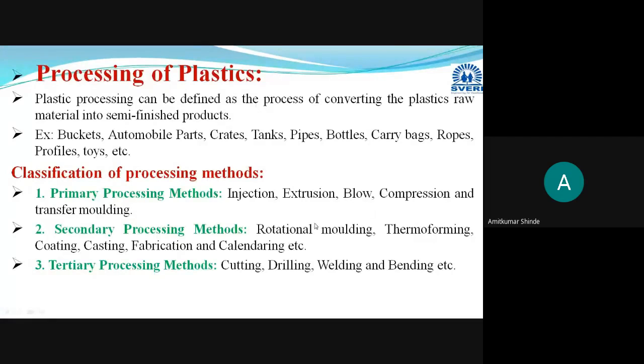These are specific operations we perform depending on the need, for manufacturing that particular plastic component. In this, rotational molding, thermoforming, coating, casting, fabrication, and calendaring will be there. And the last is the tertiary processing method.